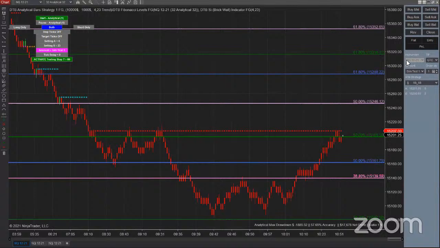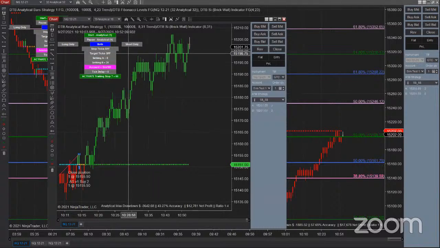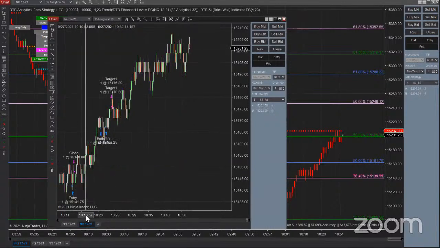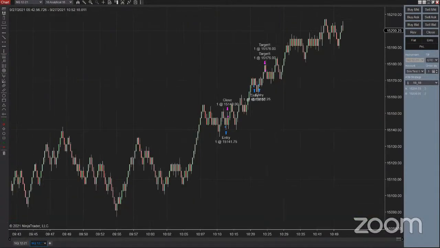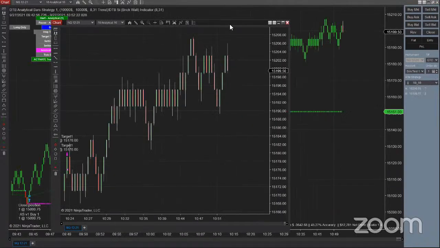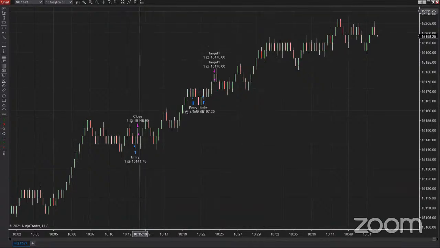Hey, Jason, just as a heads up, I worked on an 818 bar and that worked absolutely fantastic. From about 9:52 a.m. New York time to about 10:02, 10:05, it was up about $1,000 in 11 minutes.